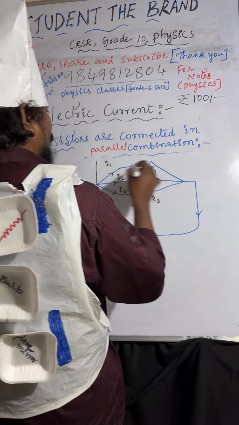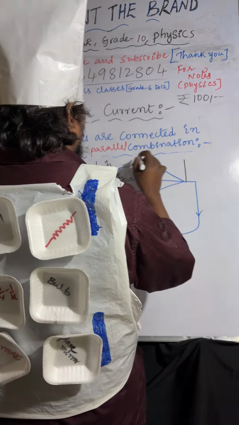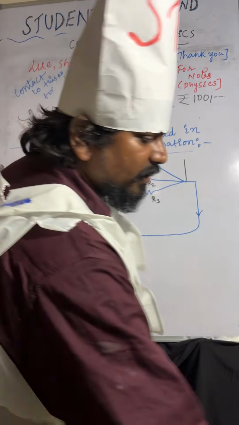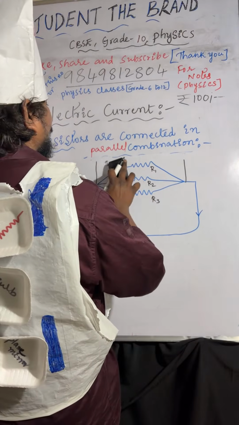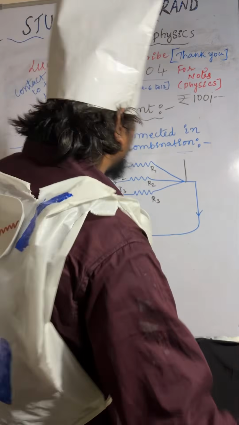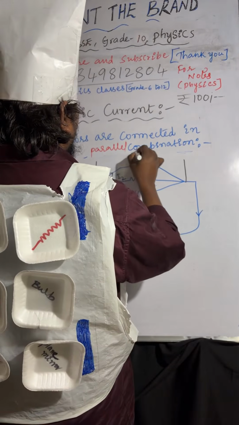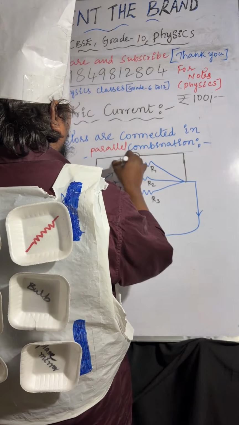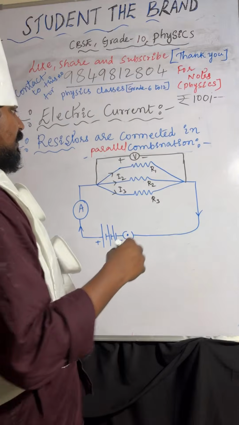So I'm connecting the voltmeter here. Voltmeter is here like this. Positive terminal, negative terminal, current is passing.